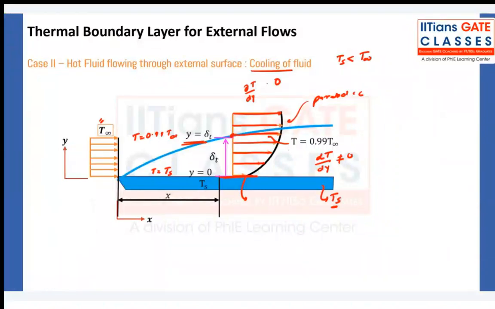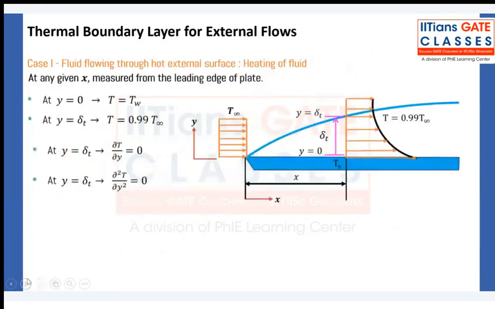Now these are the two cases when we draw the thermal boundary layer: heating of fluid and cooling of fluid. But the boundary conditions are not going to vary much, because whichever case you take, at y equals 0, T will be the wall temperature, the surface temperature.